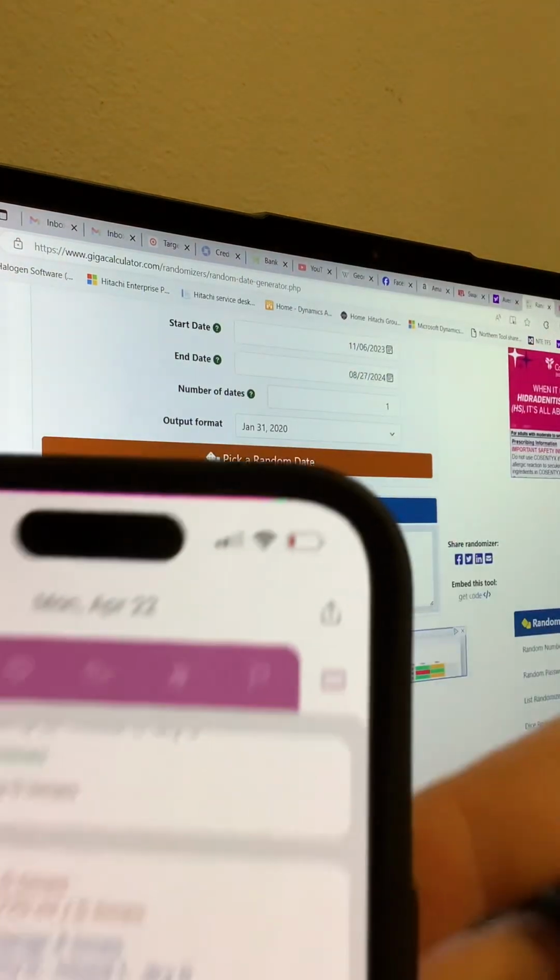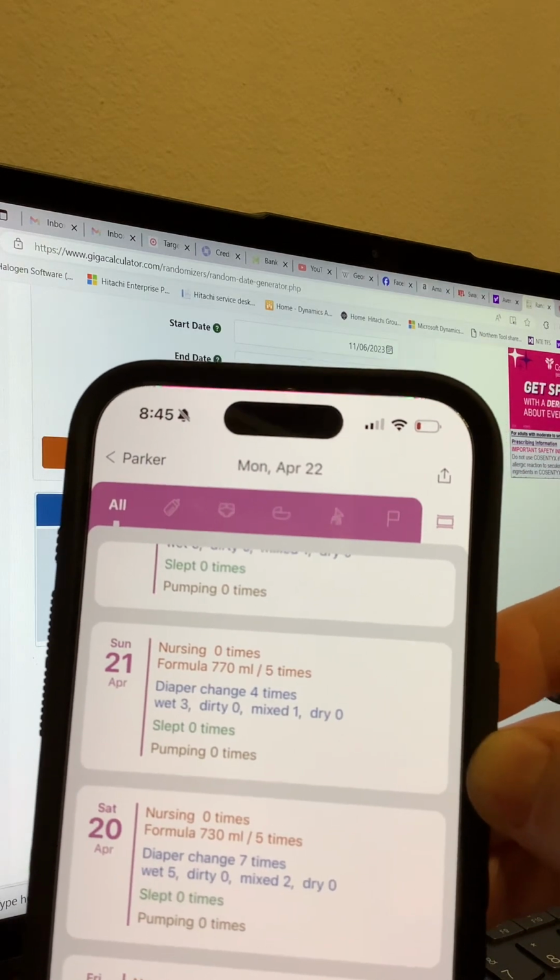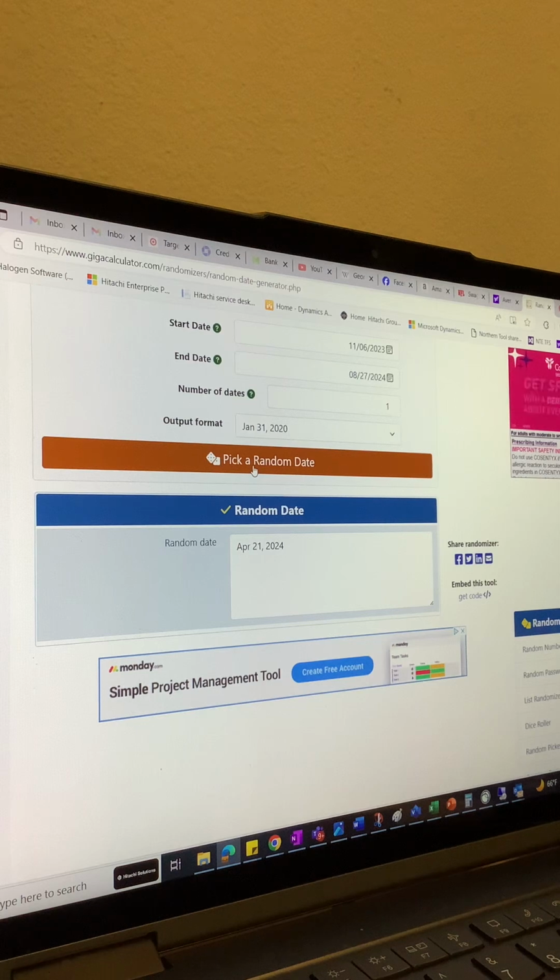So we have a tie at 7 right now. April 21st, Parker had 770. So there will be a tiebreaker there.